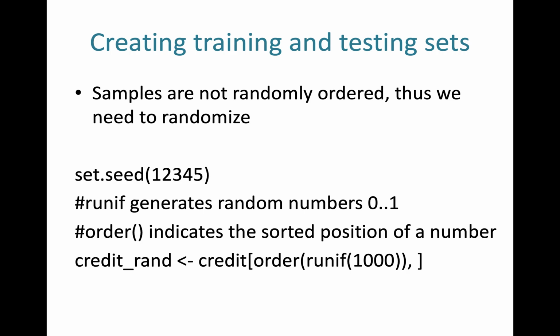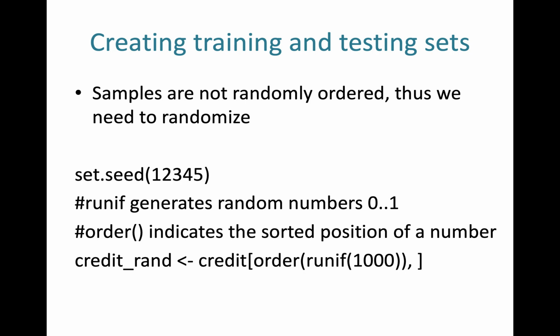Sometimes the data sets that we get are ordered by, for example, the amount of the loan, or by a specific characteristic that we might or might not know about. So it's always a safe practice to randomize the data and then create the testing and the training sets. And what you see here are commands that allow us to do that.